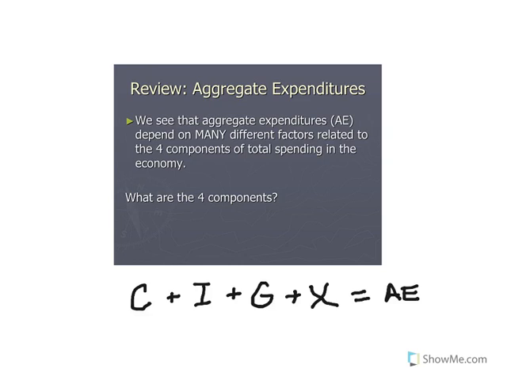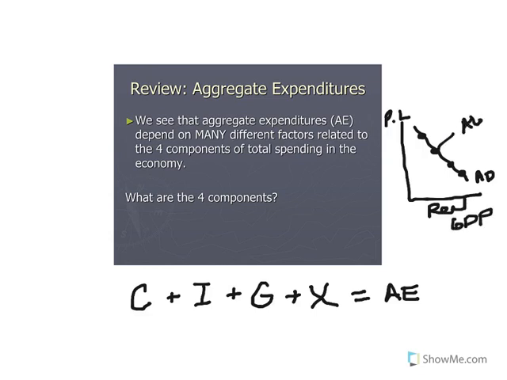If you're thinking of it graphically, you have your aggregate demand curve that slopes down like this. Every point along this aggregate demand curve represents a different level of aggregate expenditures depending on what the price level is. So the entire curve represents aggregate demand at all the different price levels in the economy, whereas each point along the curve represents the actual expenditures that are going to take place, what real GDP is going to be depending on what the price level is.